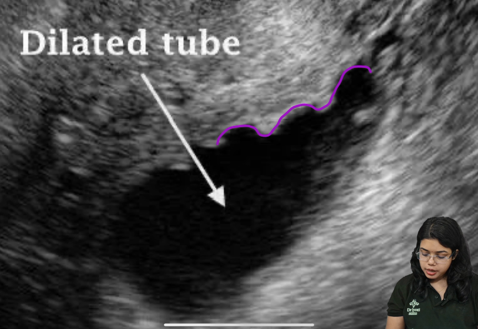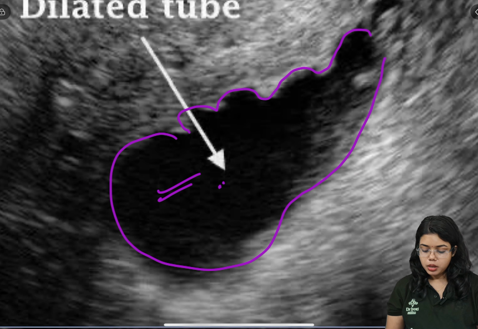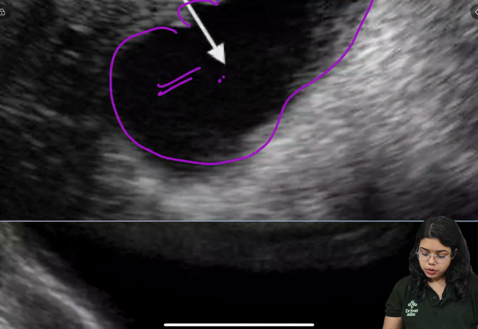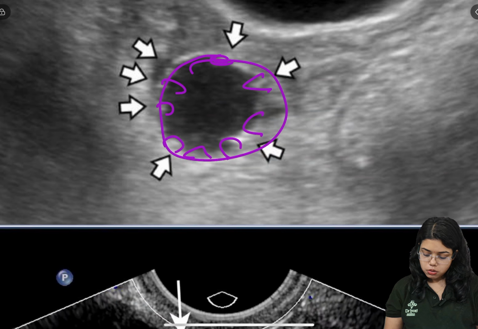When it is dilated, this one is the distal portion. This is the fluid filled lumen, the distal lumen, and this is the dilated tube. What is this? This is the cogwheel appearance.